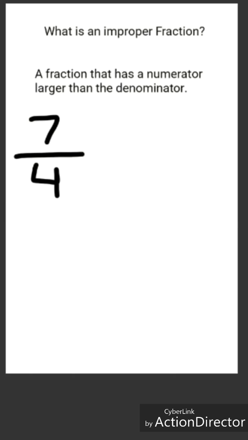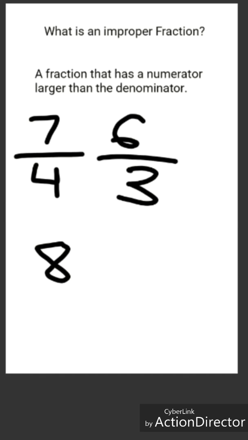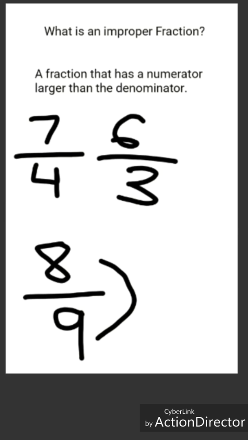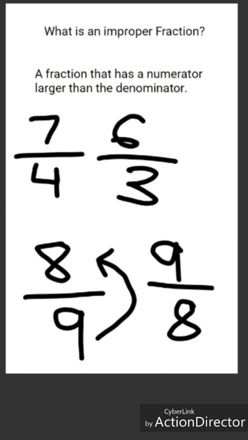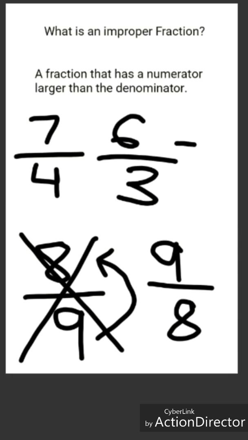And there are many other examples, like 6/3, or 8/9 turned around, 9/8. 8/9 isn't actually an improper fraction. And 6/3 is also equivalent to 2 wholes. So again, it can be a fraction and it can be a whole number, and it depends how you want it.